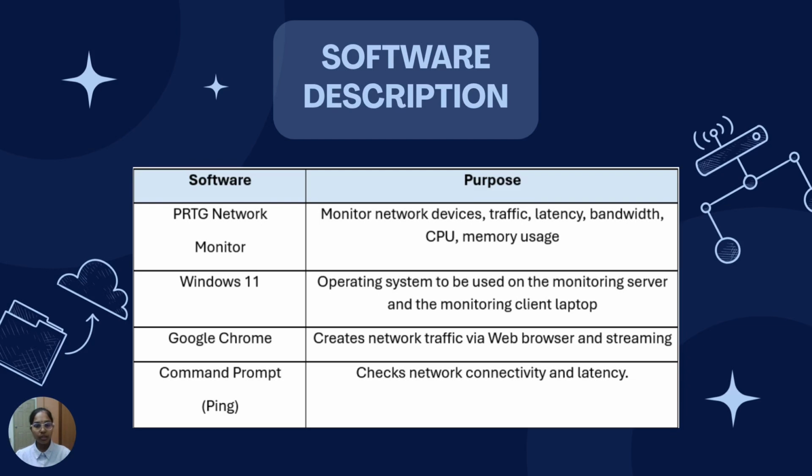And the laptops run the Windows operating system while the built-in ping utility is used to test the network connectivity between the devices. Together, the software components allow us to monitor, analyze, and evaluate the overall performance of our home Wi-Fi network.